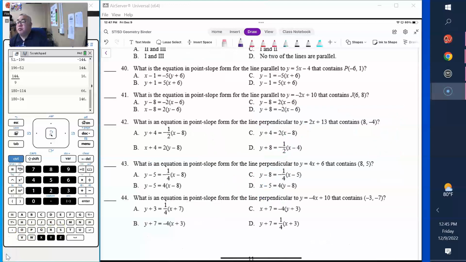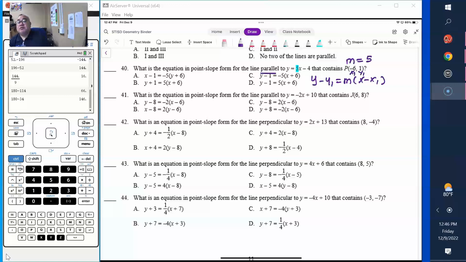What is the equation in point-slope form for the line parallel to y equals 5x minus 4 and contains negative 6, 1? So the point-slope formula, y minus y1 equals m times x minus x1. So if it's going to be parallel, the question is, what is the slope? Well, the slope here is 5. And do we already have our x1 and our y1? And I would say yes. This is your x1, and there's your y1.